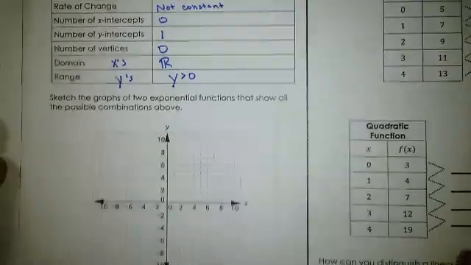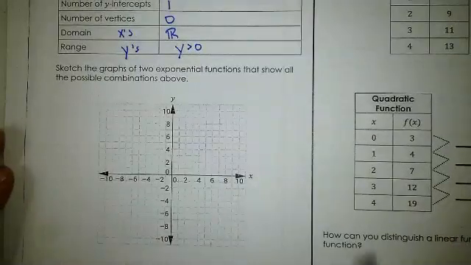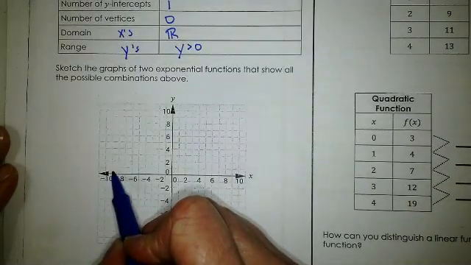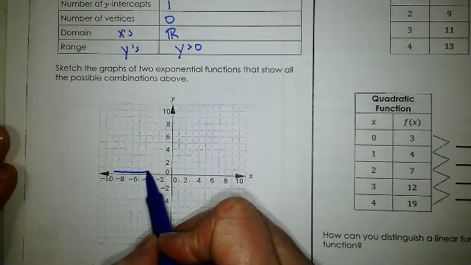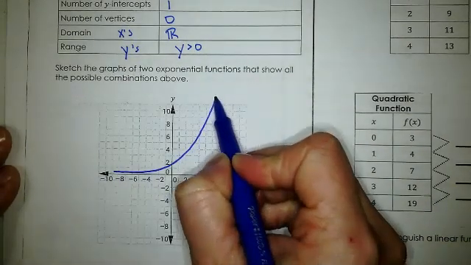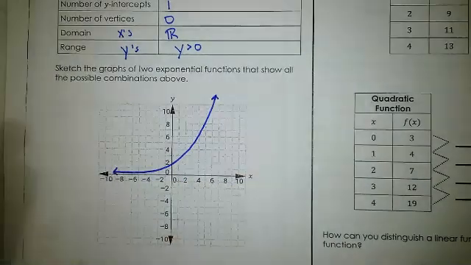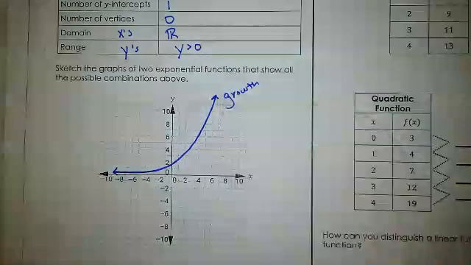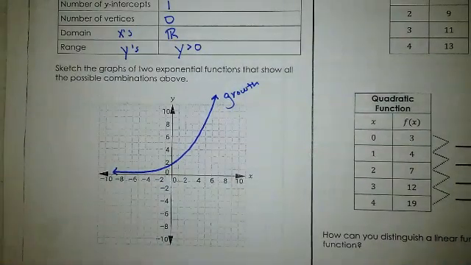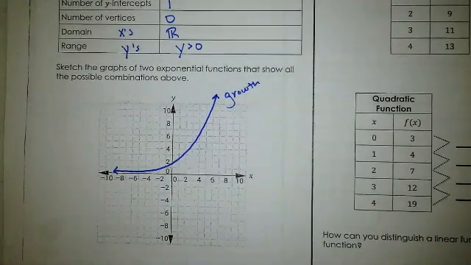So if you had an exponential that was growing over time, on the left side of the y-axis, it would be very low, hugging the x-axis but never touching it, and then it would grow as x's got bigger. So that would be growth. Something that's getting bigger over time. You could also have a decay exponential function.